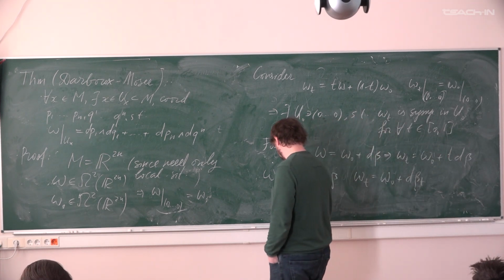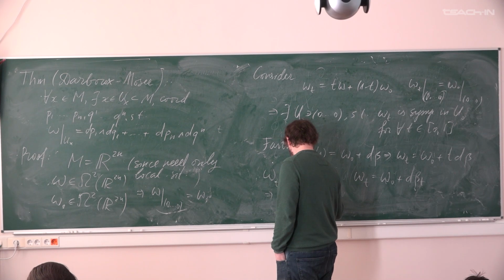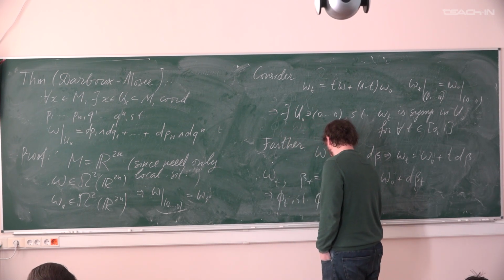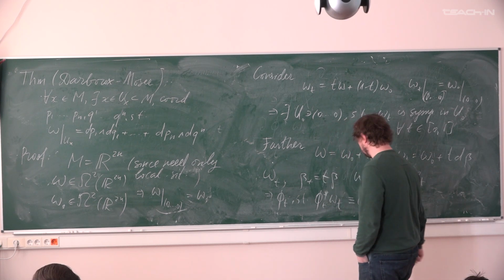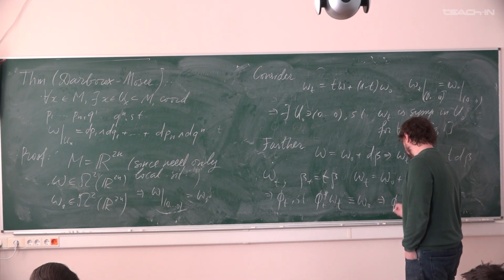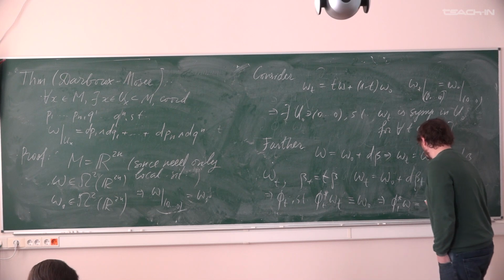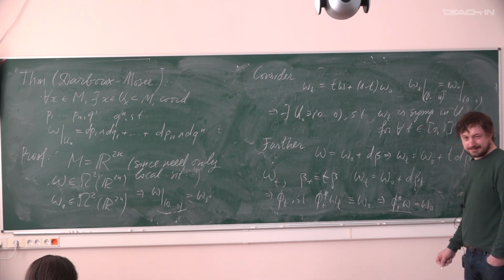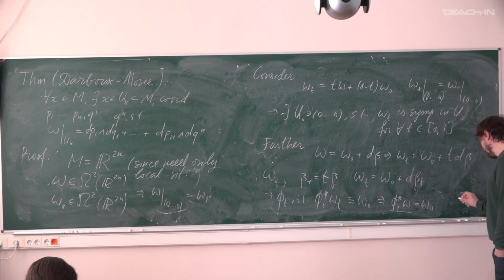And by the previous construction, we can find φ_t such that φ_t star of ω_t is equal to ω0. And hence, in particular, φ_1 star of ω will be equal to ω0. And that's precisely the coordinate change we need. As you see, it's remarkably simple, just a one-liner.